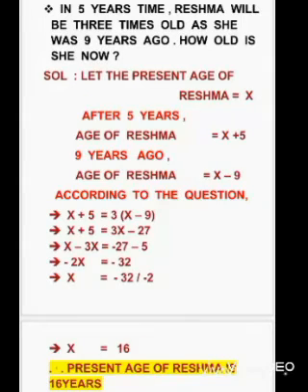You understood this condition, children? Now let us simplify this one. First let us simplify 3 into x minus 9. 3 into x is 3x minus 3 into 9 is 27. Okay, now you got here x plus 5 is equal to 3x minus 27.